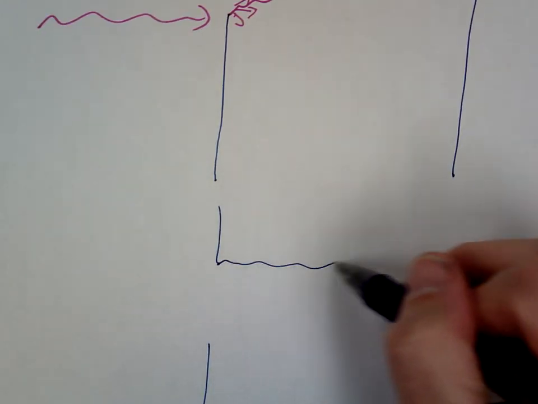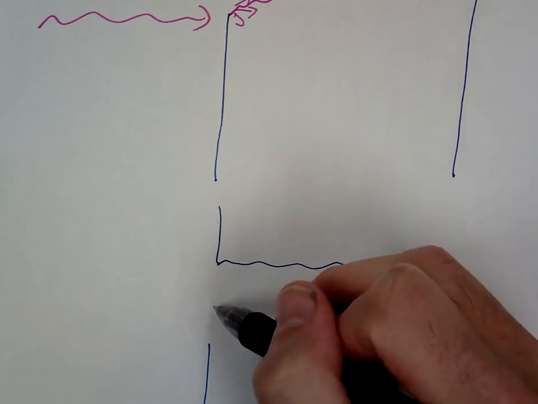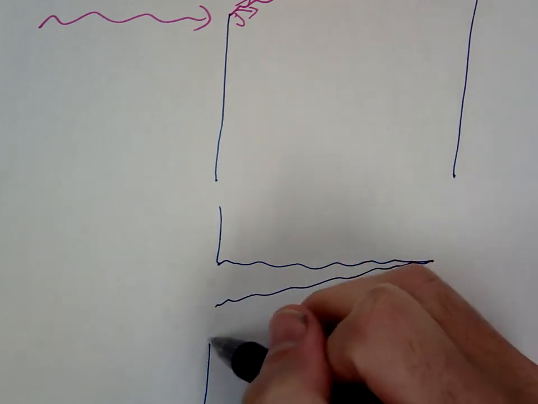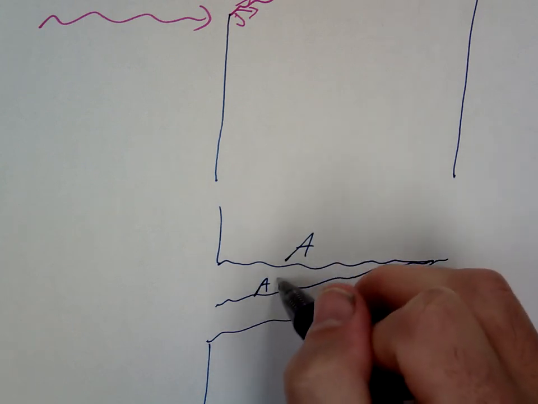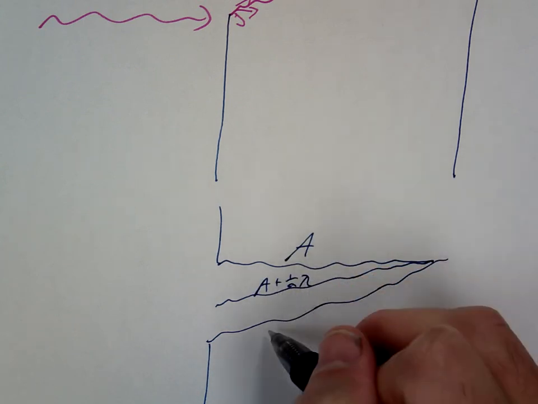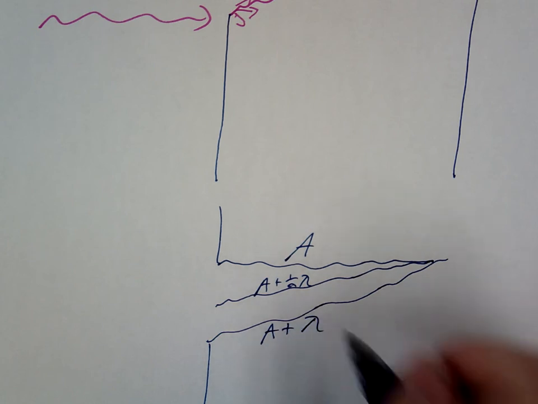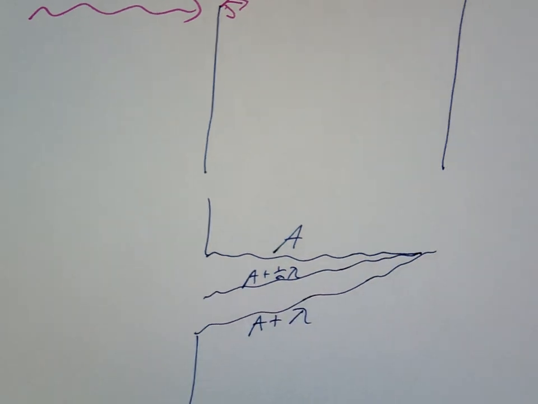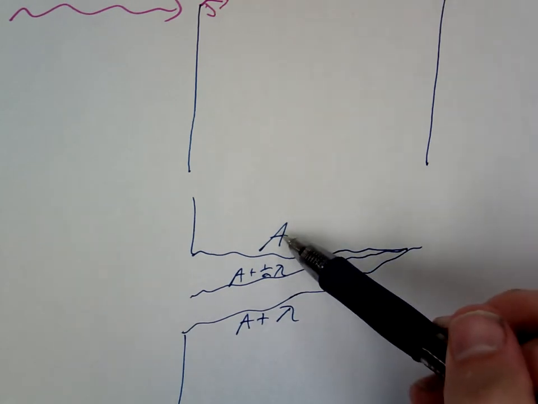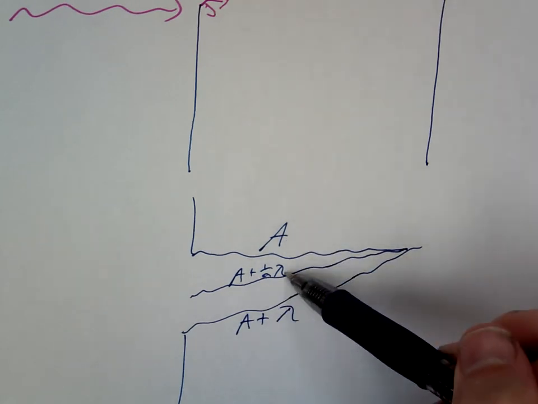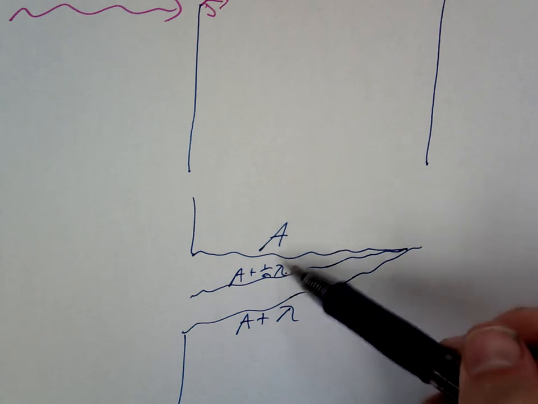So what if we drew one like this, so that this was A, this is A plus a half, and this is A plus a full. Let's do it again. What's going to happen with A and A plus a half? It's going to cancel out.